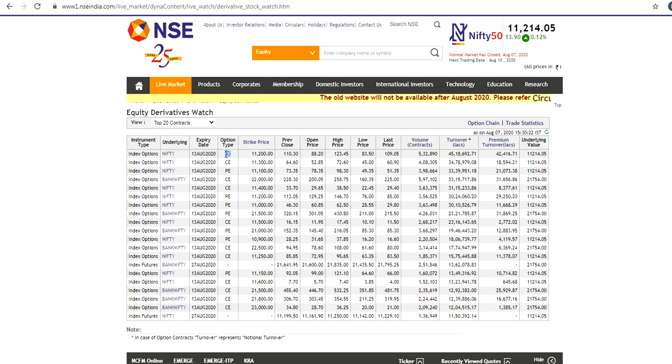This is a call option, or CE. So the option type is call option, the expiry is this, and the strike price is this. These three together make one option contract. It's called 11200 CE. An option trader can either buy this or sell this. They can trade in this way.